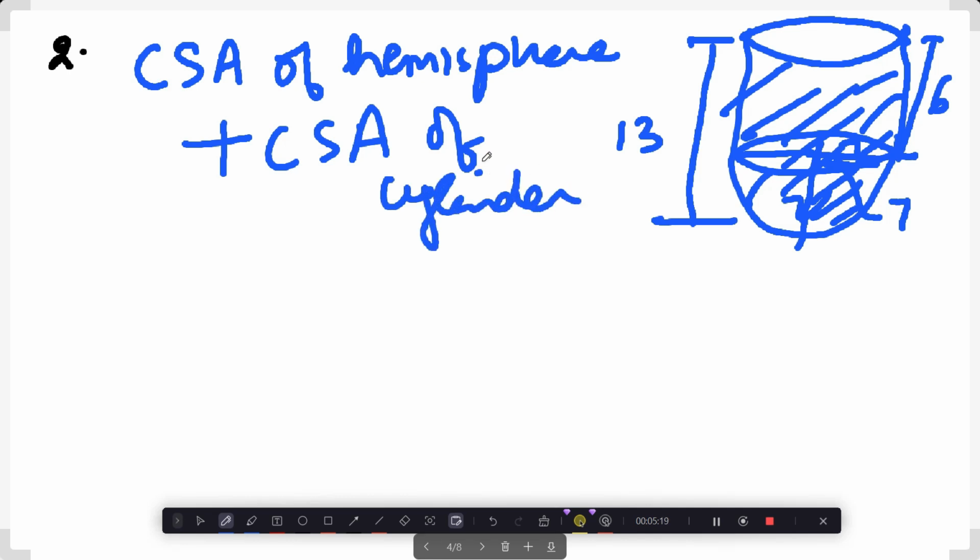Why won't it be the total? Because this part is combined and hollow, so we cannot consider it. We just have to consider this portion.